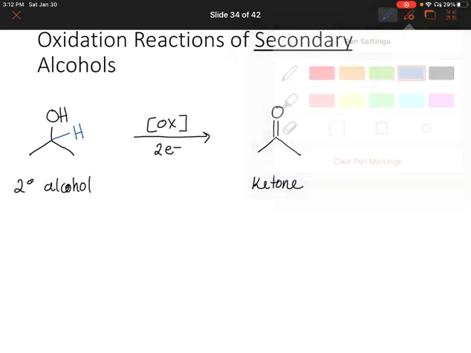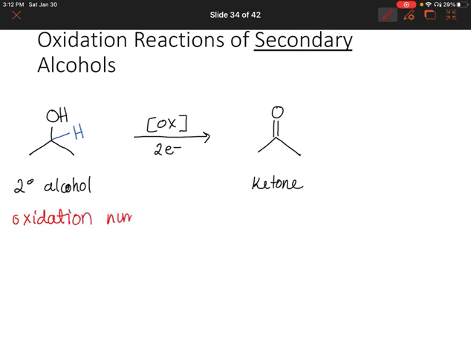So let's figure out the oxidation number for the carbon atom in our secondary alcohol and in our ketone. And you can pause the video if you want to try that on your own first.